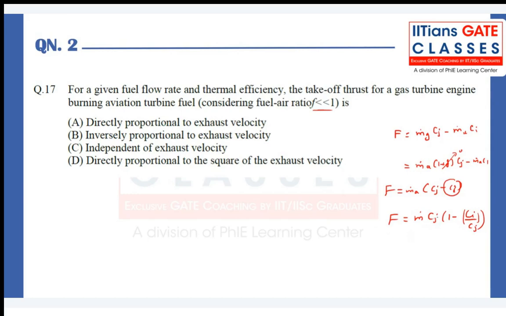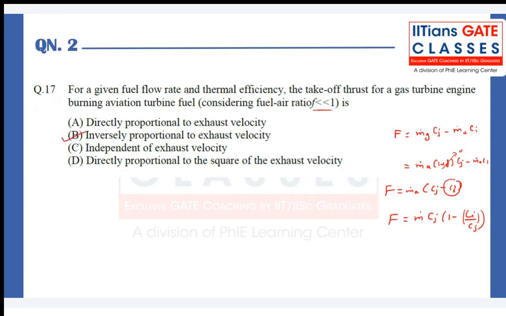The relative increase in exhaust velocity is much lower compared to the relative increase in forward speed, because it is not a cruise condition. Remember, it's a takeoff condition where you are increasing the flight speed Ci. So the relative increase in Ci is much greater in percentage compared to the relative increase in Cj. So the increase in Cj will result in decrease in thrust. This is kind of inversely proportional to the exhaust velocity.